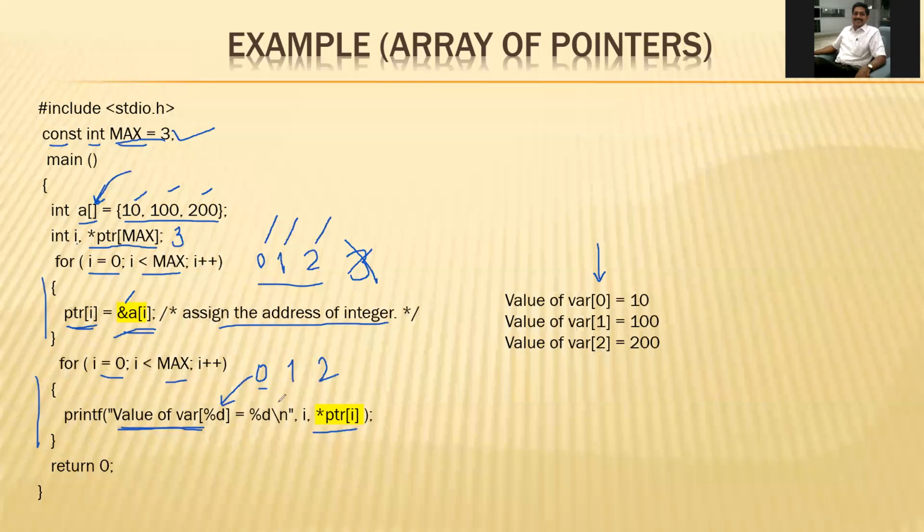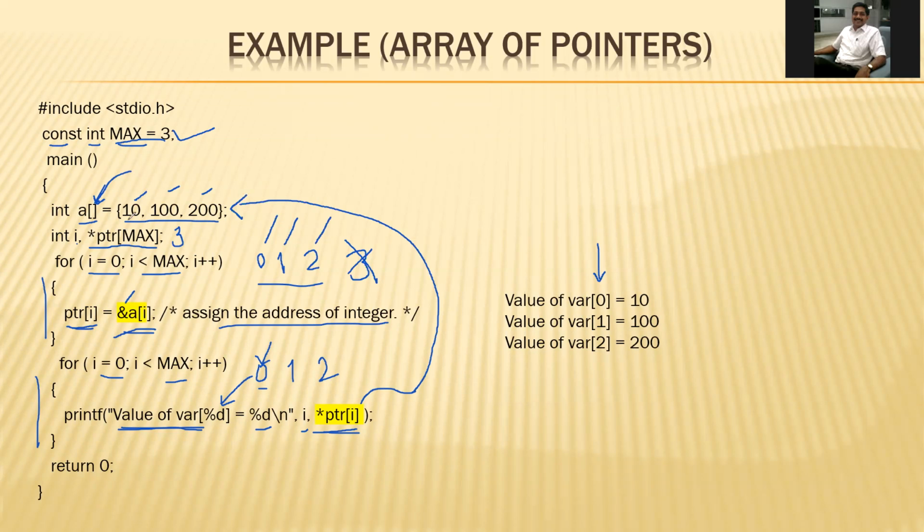%d, that will be the first value, 0th value, %d \n, it will go to the next line. What is the value of I? First value of I is 0, and star PTR of I will hold every value of the array.